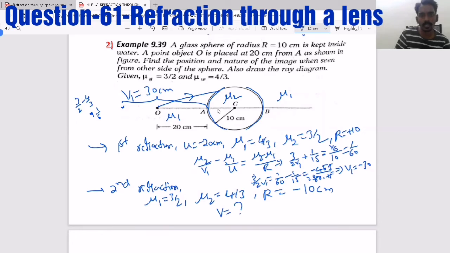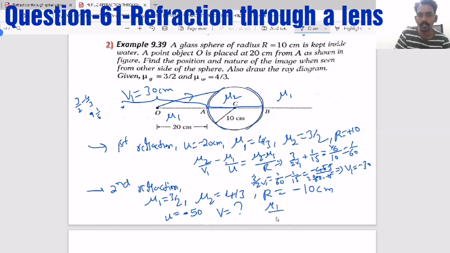Now for this surface, 30 plus this is 10 plus 10, 20. So the object distance for the second surface will become how much? Minus 50, 30 plus 20. That is also in front. So that way you have to decide properly with proper sign convention. Then you substitute in the formula again. The same as what you applied now.